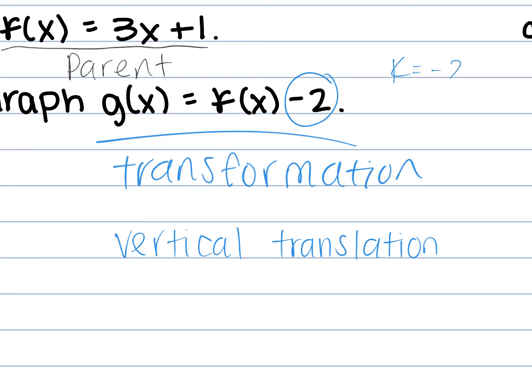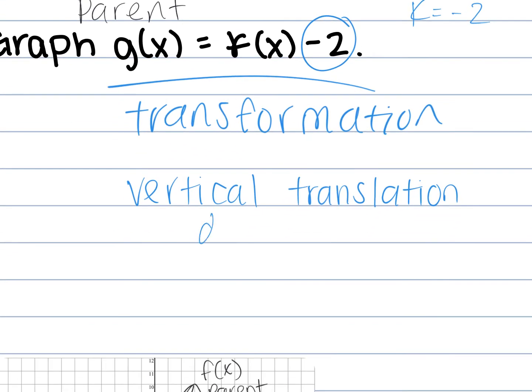It's minus 2. If my k value is minus 2, where do I move my graph? Down 2. Those of you that said to the left, what are you forgetting? That it's vertical. And vertical, does that mean to the left? Nope. That means down 2 units.